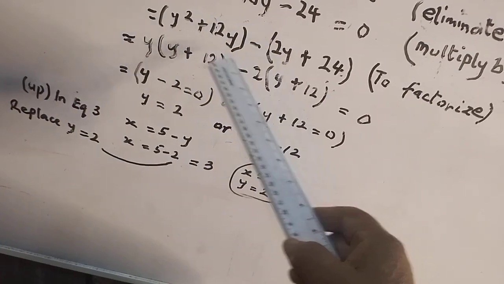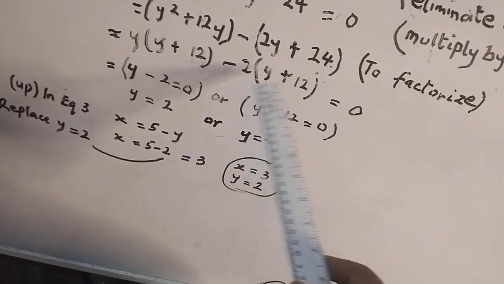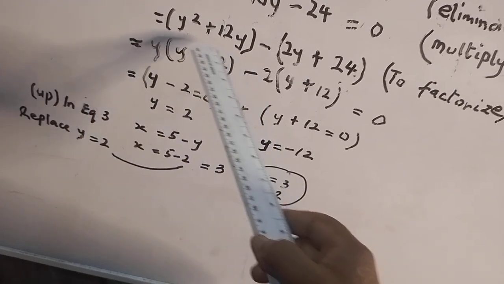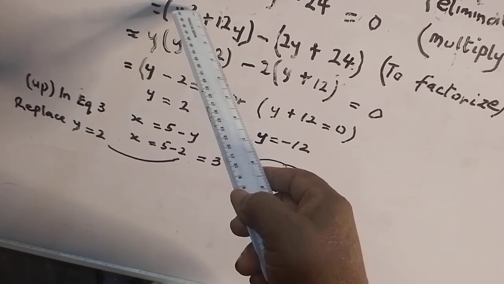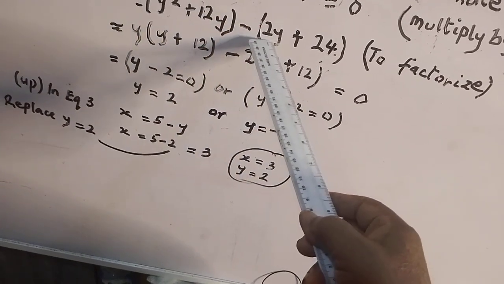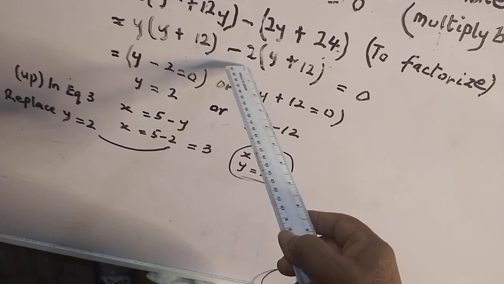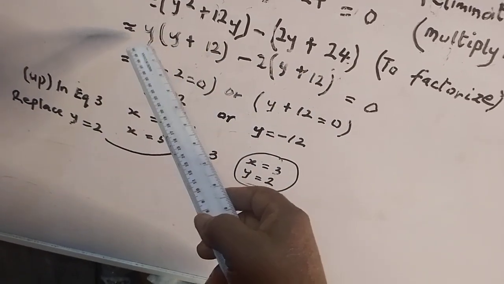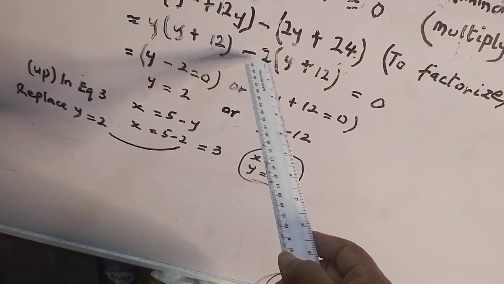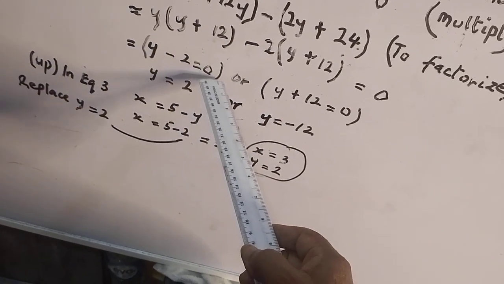So we can now put them in brackets, pair them up. We say factorize. When you pair them up, bring out the ones that are common. Y is common here, bring out y. Here, 2 is common, bring out 2. So we choose the ones outside as one pair, y minus 2 as one pair, equals 0.